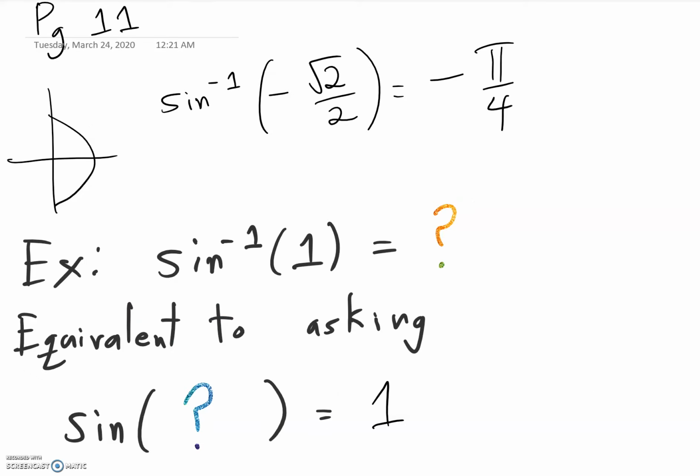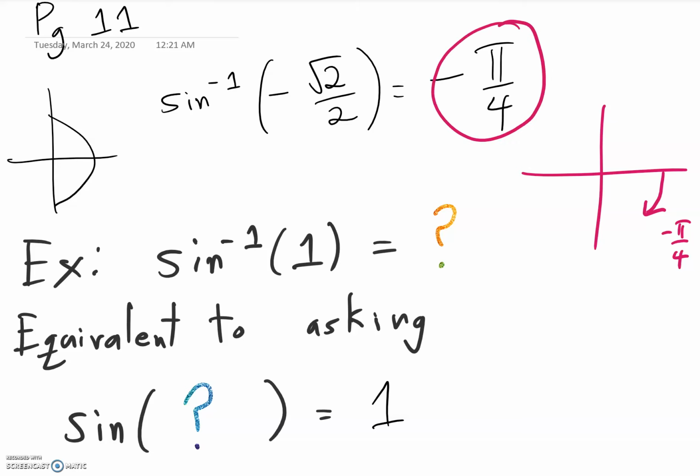Remember, the range of sine inverse is from negative pi over 2 to pi over 2. This angle of negative pi over 4 is inside the range for sine inverse. That angle of negative pi over 4 is in quadrant 4, and it's this guy right here. So our answer to this question then is in fact negative pi over 4.